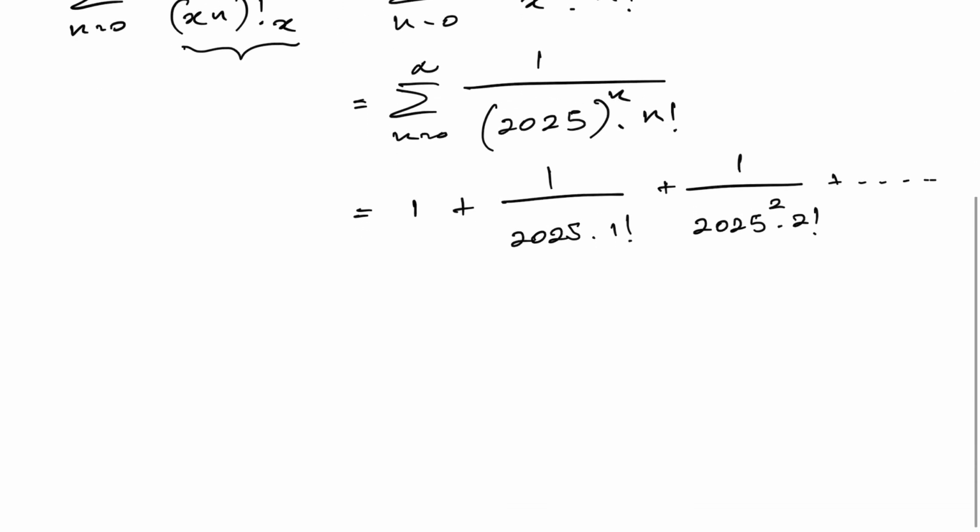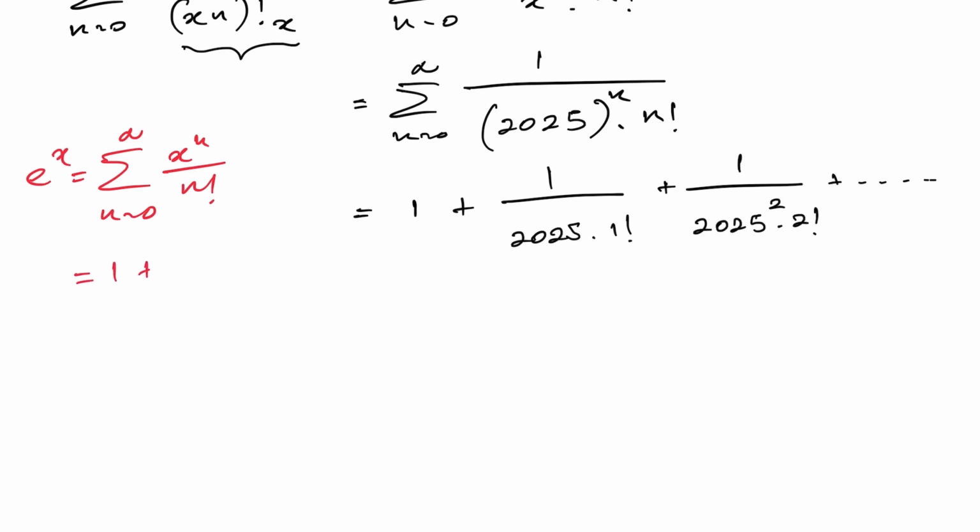Okay, then I think this is a little bit familiar to us, because if we consider e to the x, we know e to the x is equal to the sum for n equal 0 to infinity of x to the n over n factorial, and if we expand this, 1 plus x over 1 factorial plus x squared over 2 factorial plus so on.